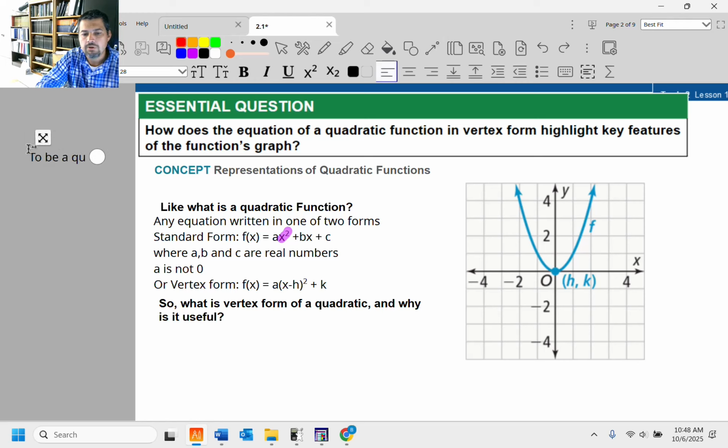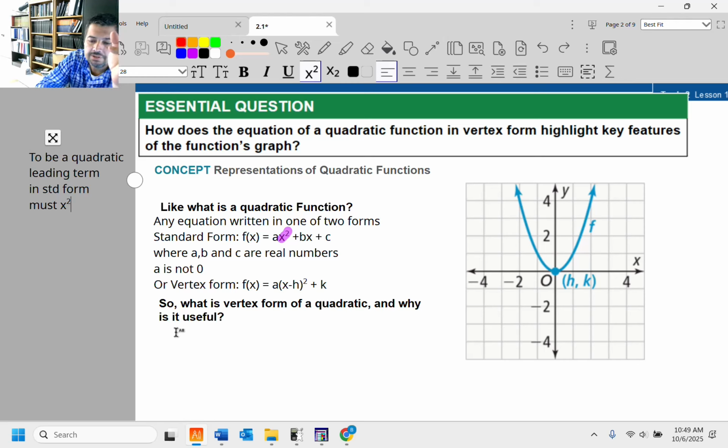To be a quadratic, the leading term in standard form must be an x to the second. And when you talk about standard form, not everybody gets standard form. We decrease the exponents. We go from x squared to x, which would be x to the first, to a constant, which is technically x to the nothing.